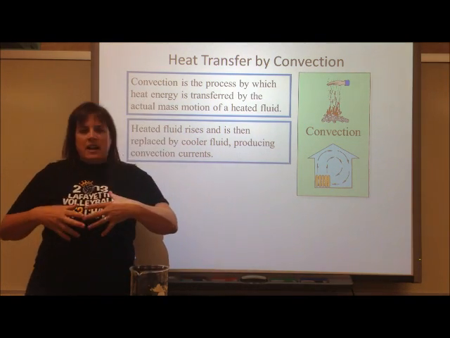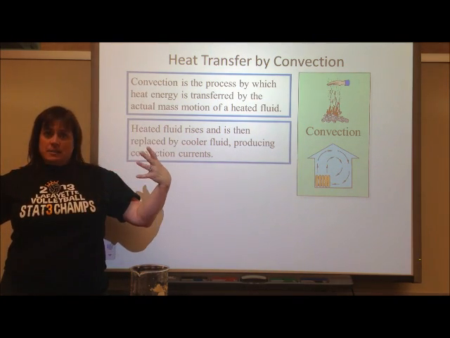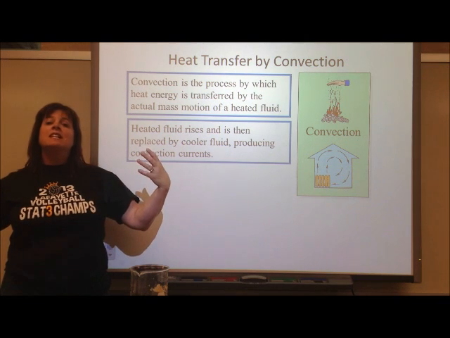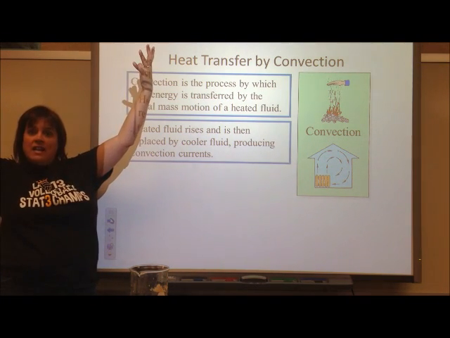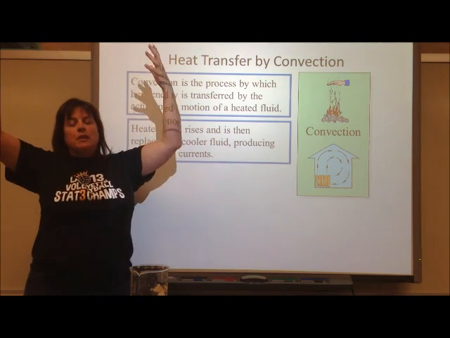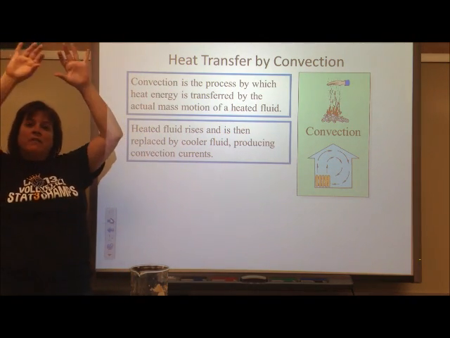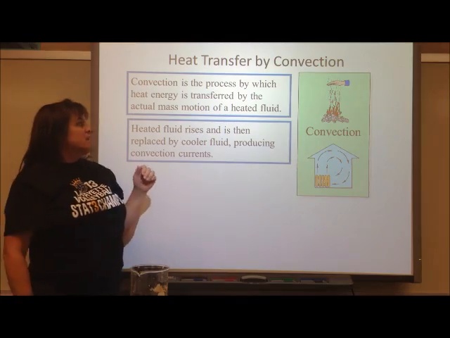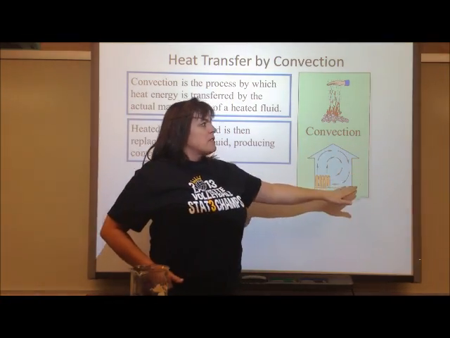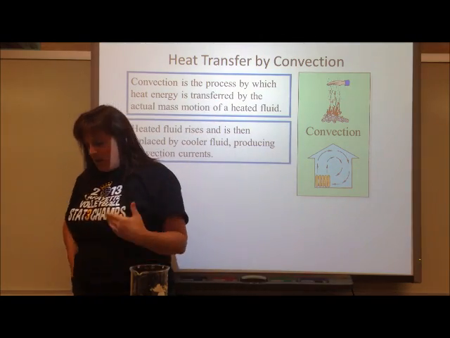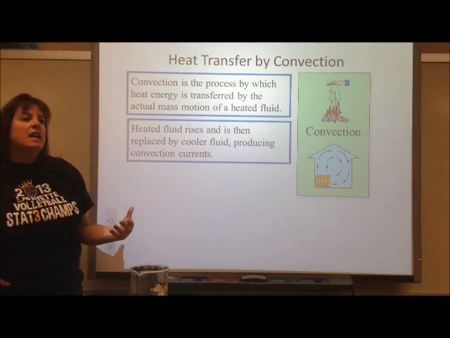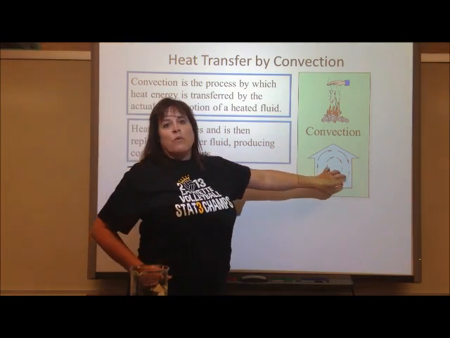So convection is the process of heat transfer through the movement of a heated fluid. Now, as I said, as things increase in temperature, they expand, which then will decrease their density, and they will then rise. As they rise, they replace the fluid that's cooler above them, and that fluid then sinks, and we end up with what is called a convection current. When I lived out east, we had heating in our house through a radiator.